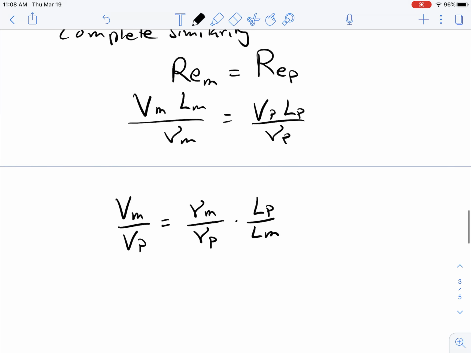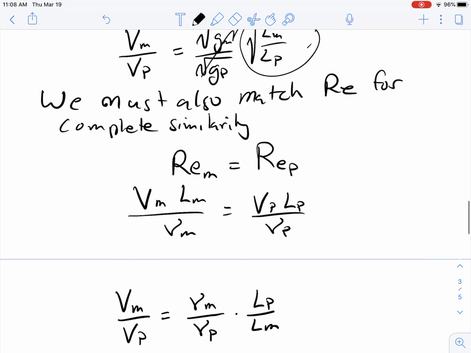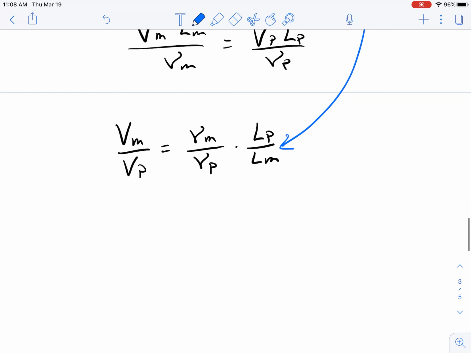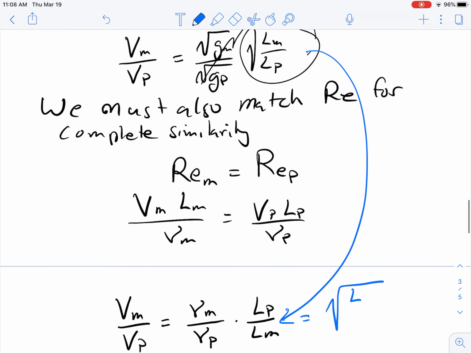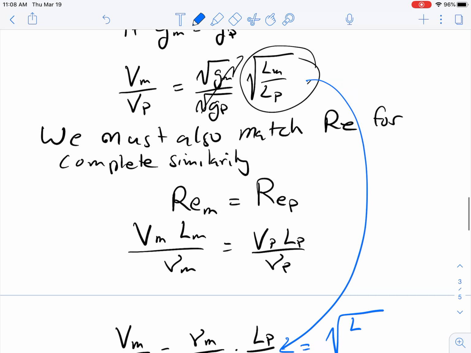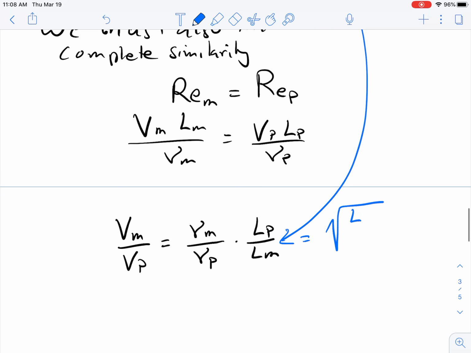Based on what we had up here, I need to bring this down to here because they should be equal to each other. So this should be equal to the square root of the length scale of the model divided by the length scale of the prototype.